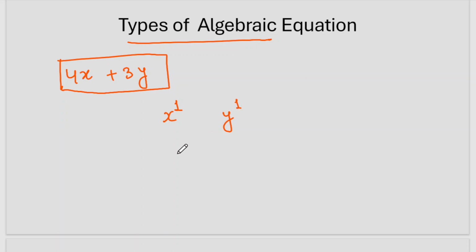Now if I ask you, what is the highest power? You will say, sir, both are equal. Okay, no problem. That means the highest power is 1.